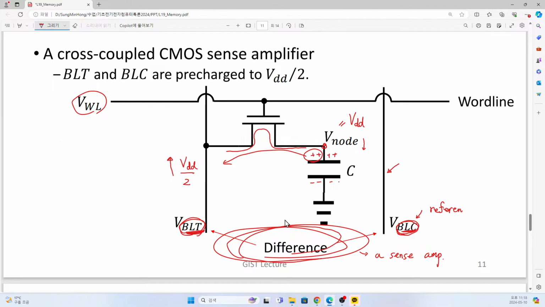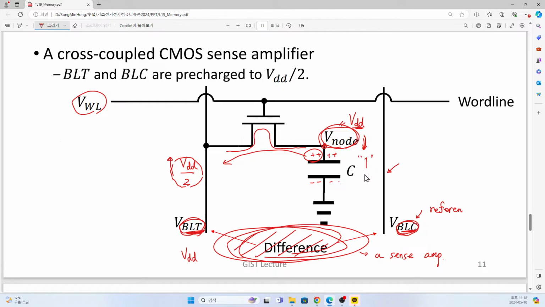Then in this sense amplifier, we now understand that the original value was VDD. At that time, how about the voltage stored in the storage node? Is this still VDD? Of course not. In order to increase this bit line voltage, its value has already been reduced quite a lot, and it is not a strong logical value 1.